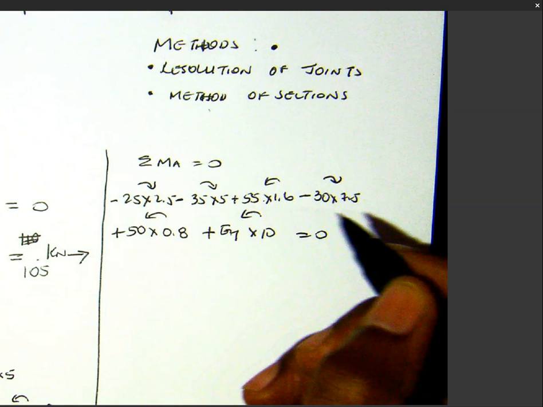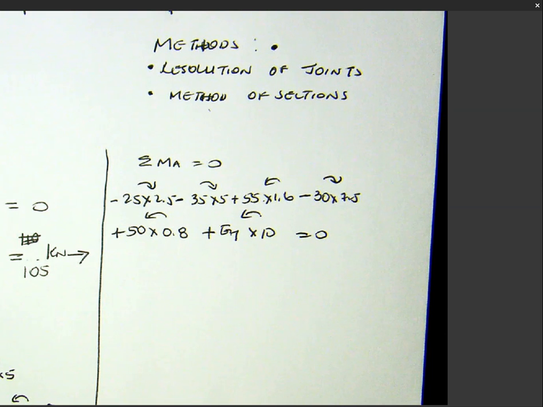Minus 25 times 2.5, minus 35 times 5, plus 55 times 1.6, minus 30 times 7.5, plus 50 times 0.8. That gives me a negative answer, which is 334.5.